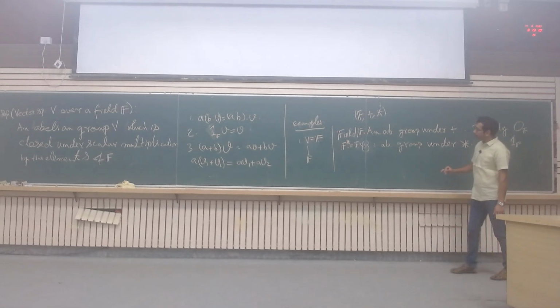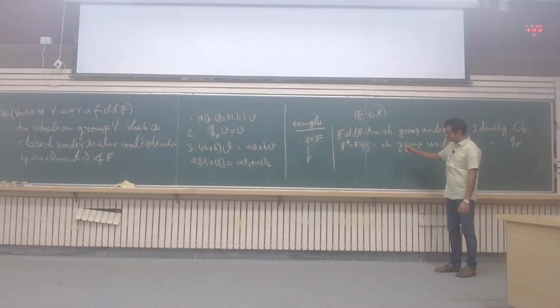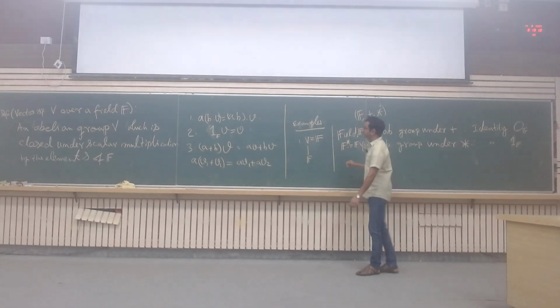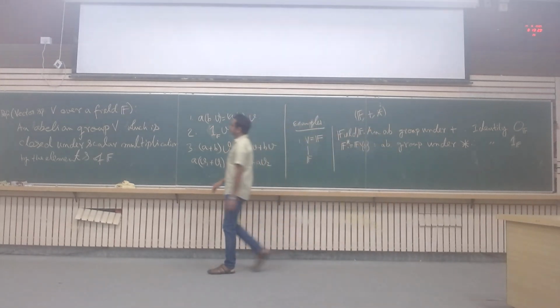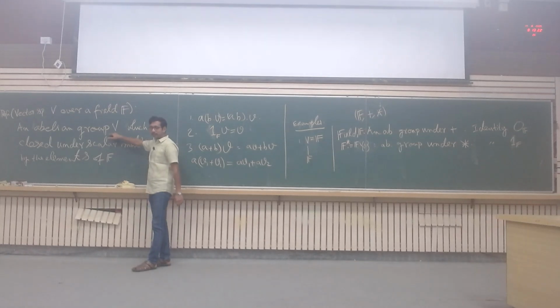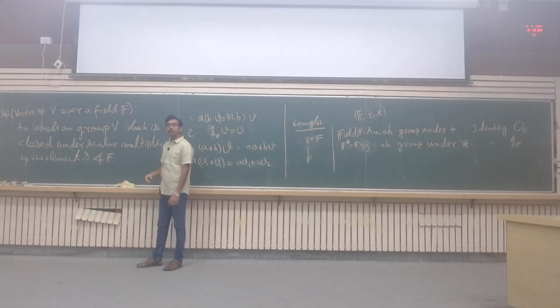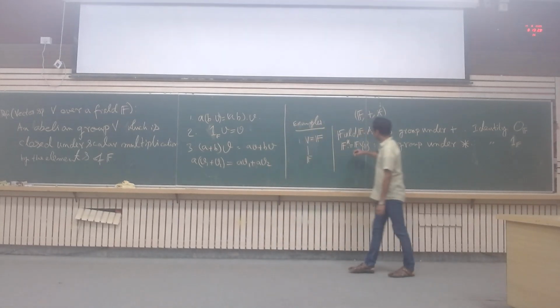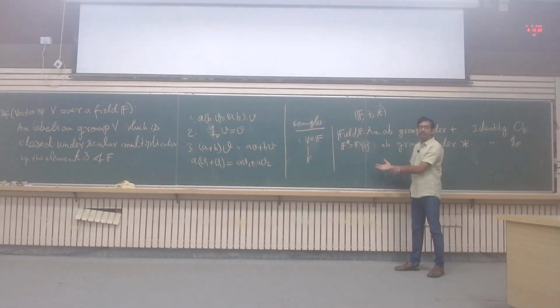So a field is a group in these two ways, and then note that in particular it satisfies very easily the first condition, that it's an abelian group. Second is, it is closed under scalar multiplication. It is, of course, because we do not even require here that F star is a multiplicative group.